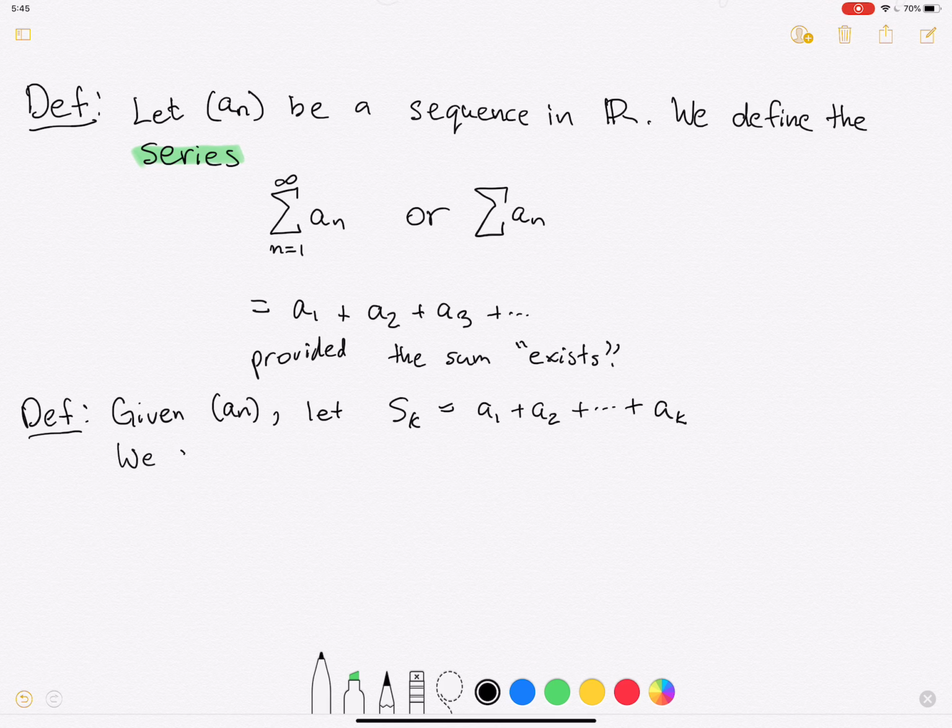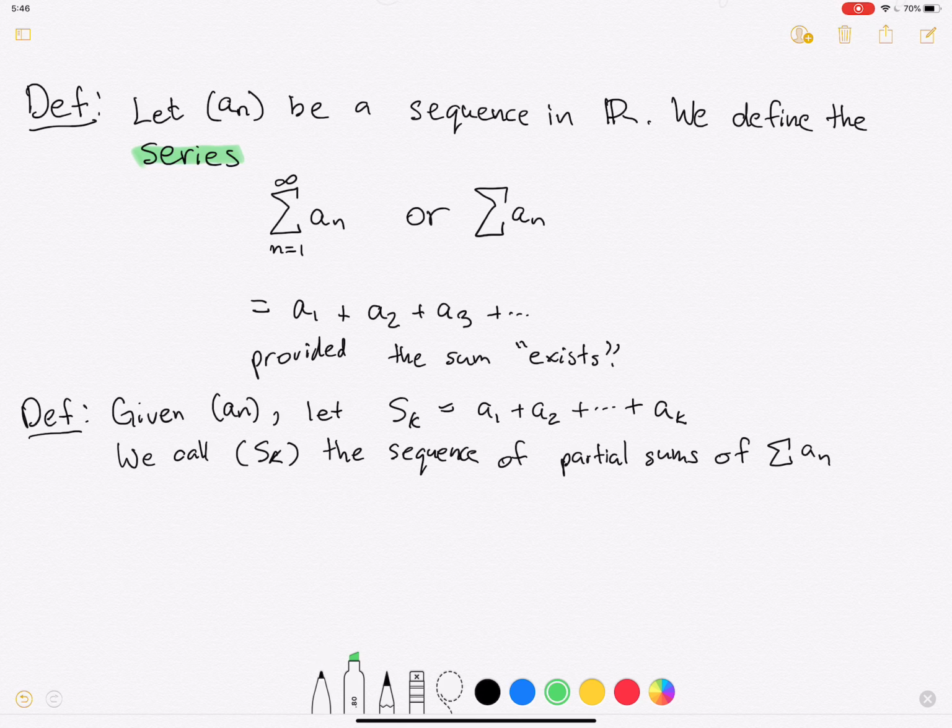We call s_k the sequence of partial sums of this series. Let me just write that k so you can actually read it.